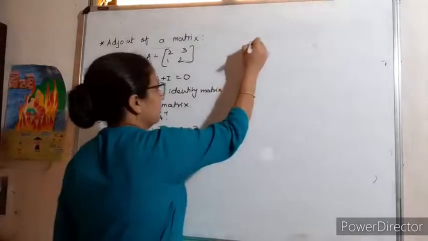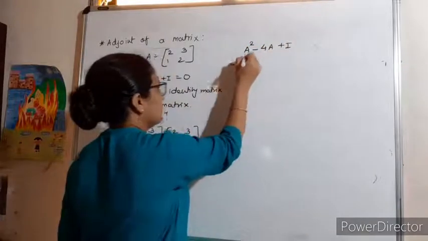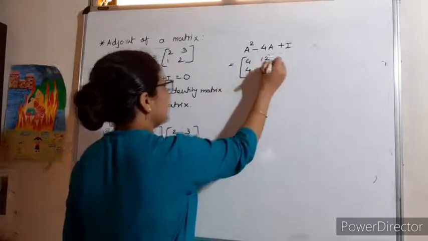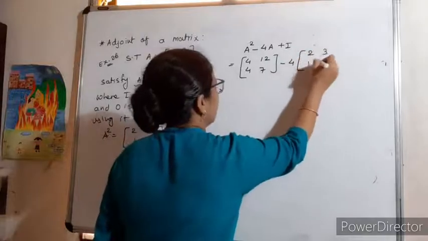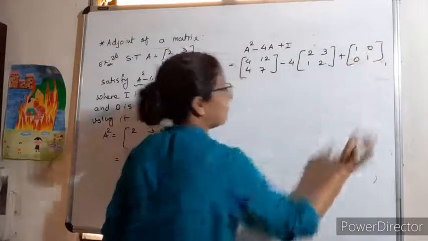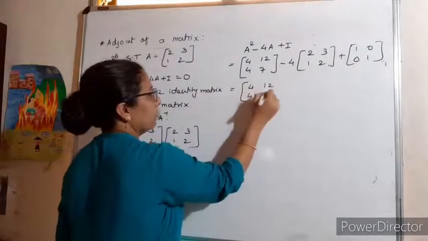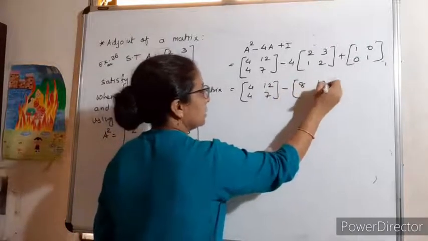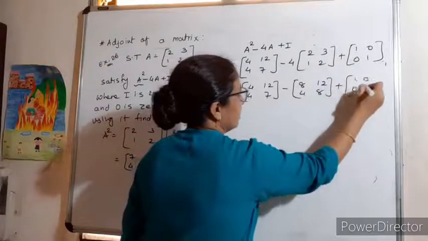Now, A square minus 4A plus I is equal to [4 12; 4 7] minus 4 into [2 3; 1 2] plus the identity matrix of order 2, which is equal to [4 12; 4 7] minus 4 multiplied inside, [8 12; 4 8], plus [1 0; 0 1].